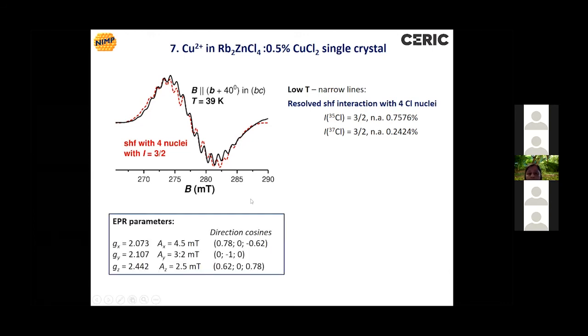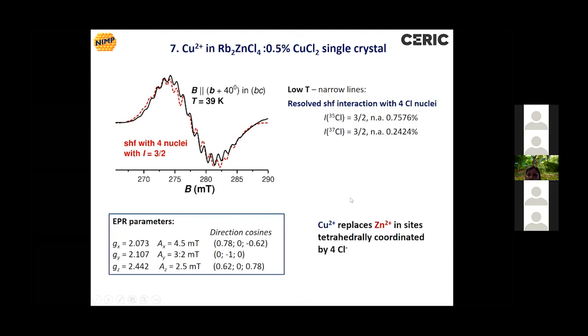So we have determined the EPR parameters, and there is a rhombic symmetry. You see that there are different values for the main values of the G and hyperfine parameters, and they have the same orientation, happily, but these direction cosines define the direction of the tensor axis with respect to the crystal axis.